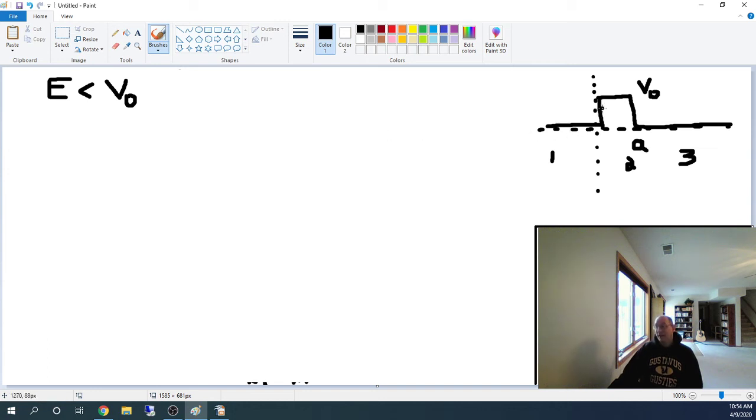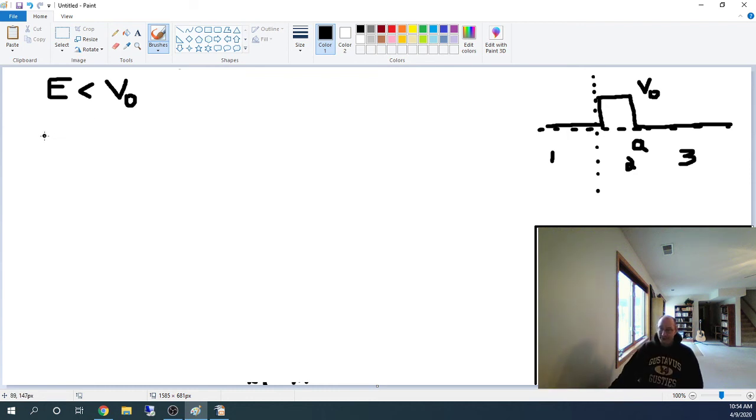There's an exponential solution inside of here, so that particles can exist in here, and then there's another free particle solution out here in region 3, but we only have right moving particles in region 3. So those are the situations that we would have to consider.